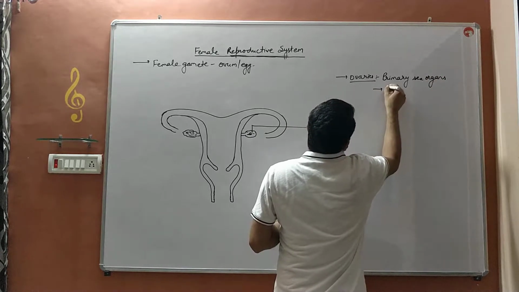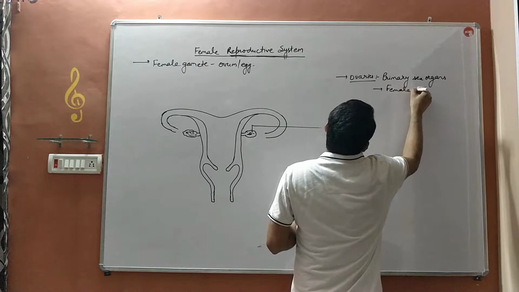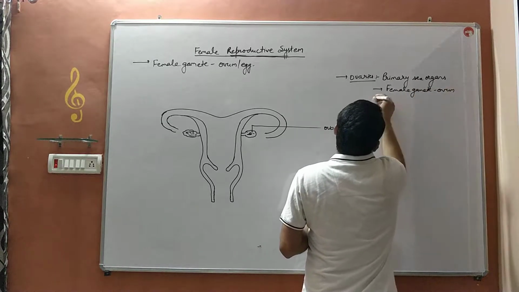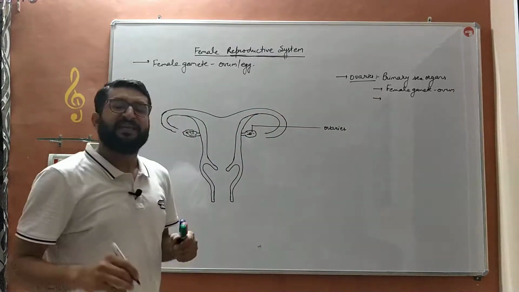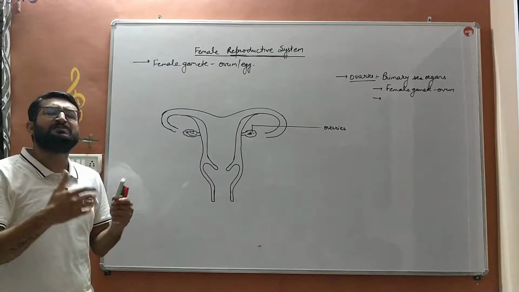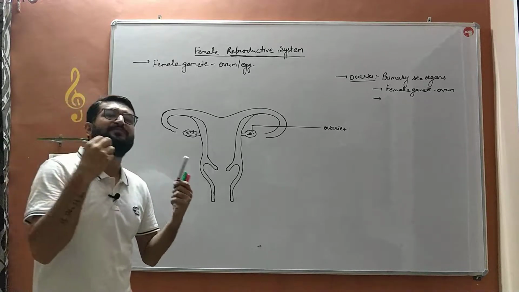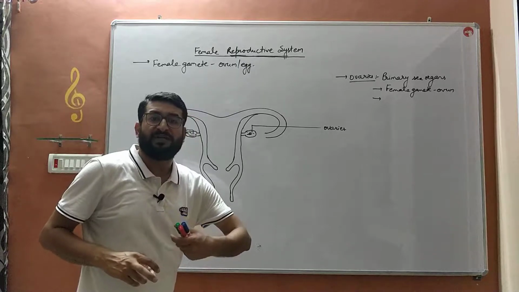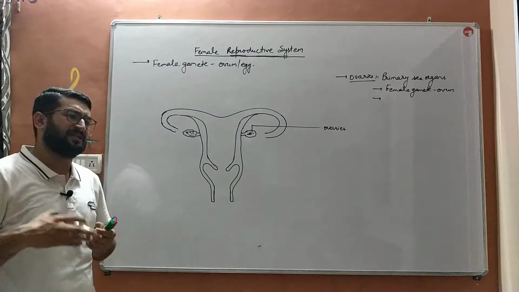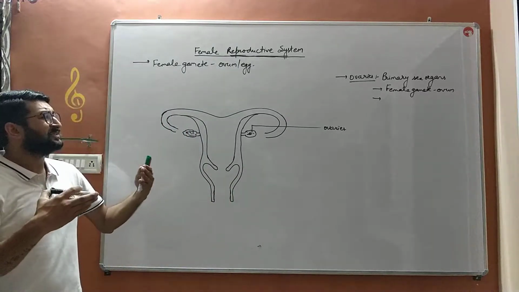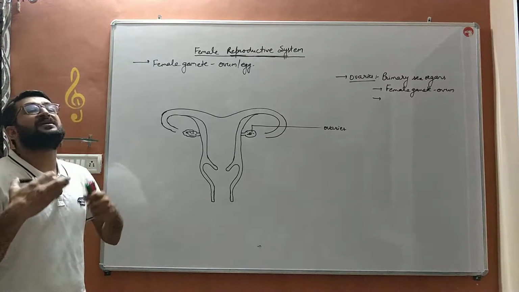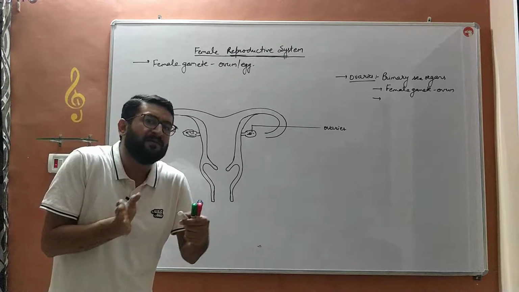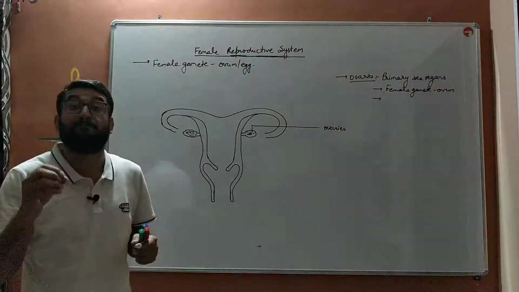Because they produce the female gamete that is named as ovum. In a female, in immature form, ova are already present, and then they will mature in a cycle of a few days that we'll study later on. The predefined number of ova in the immature form are present in the ovaries by birth.